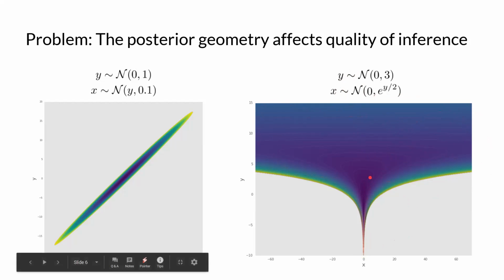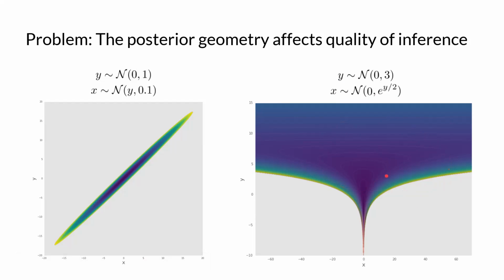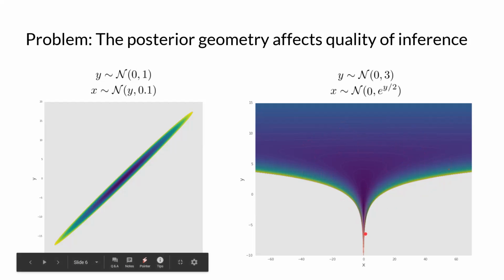So what happens with HMC is that if it's well tuned, it will explore this bit of the density which is around the mean quite well, but it won't be able to go into the funnel, because the gradient is not enough for us to know how much to move, because of the high curvature.